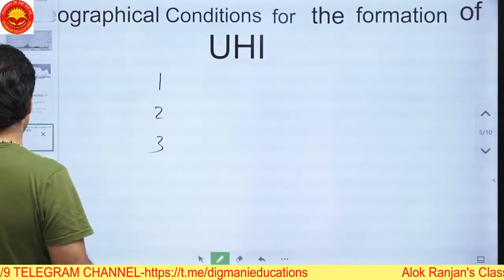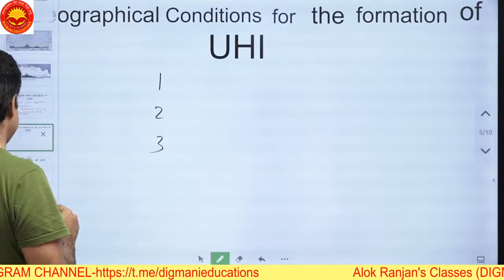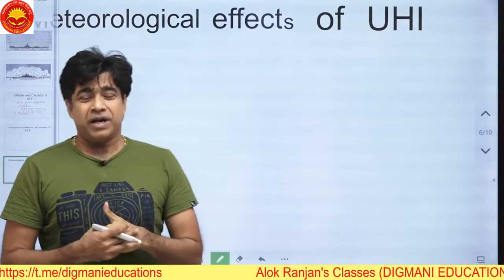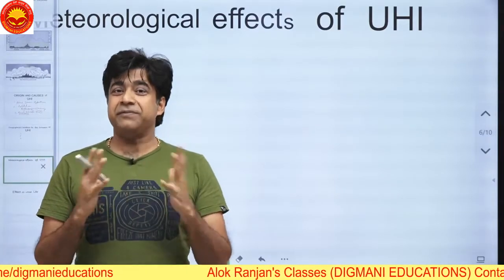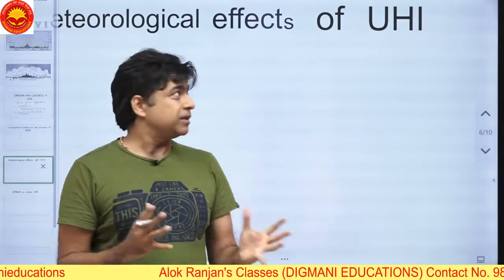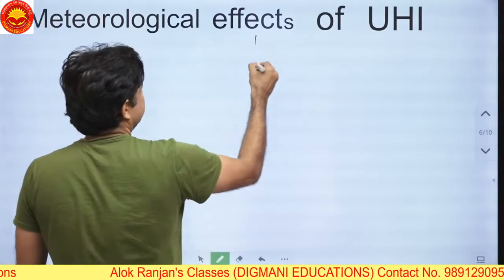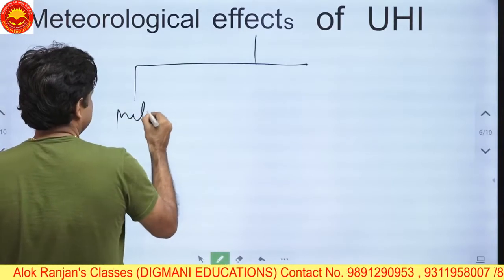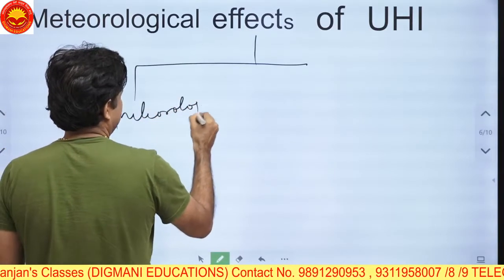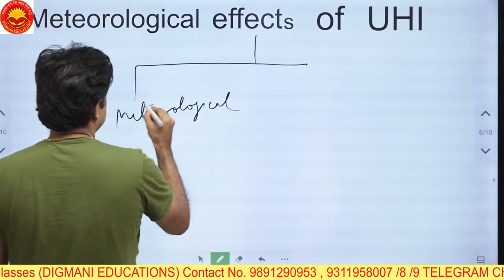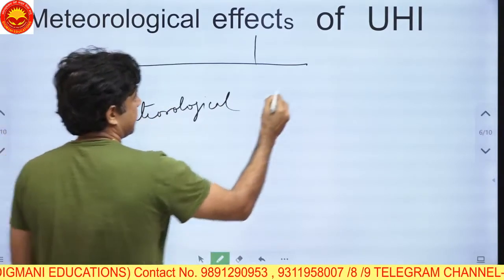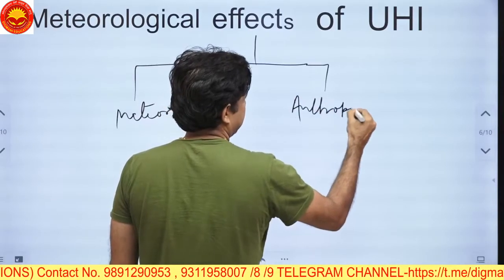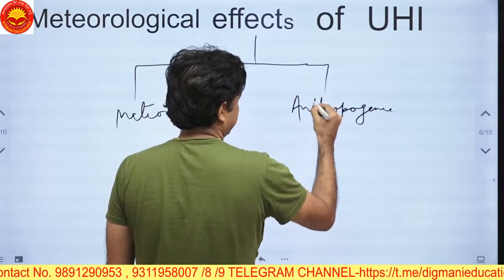Coming to the next point now, we have meteorological effects of UHI. So urban heat island and the effects and the impact. Now effects can be divided into two groups. One, meteorological, as it is stated above also. So one is the meteorological effect, and second is the anthropogenic.